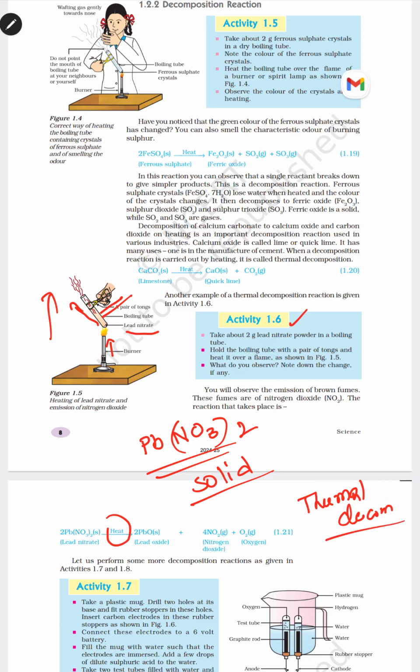Lead nitrate is absorbing heat and it is generating lead oxide. Lead oxide is again in the solid form that you can observe in the tube itself. And what are the gases that are getting released? Nitrogen dioxide and oxygen. Both gases are getting released from the tube. So this is the best example for thermal decomposition.